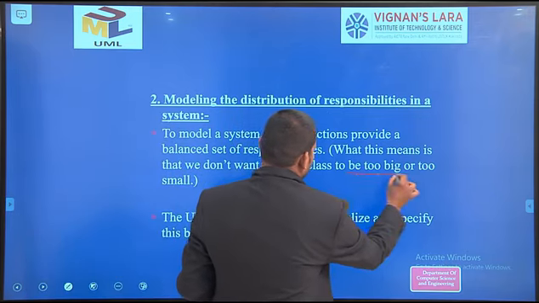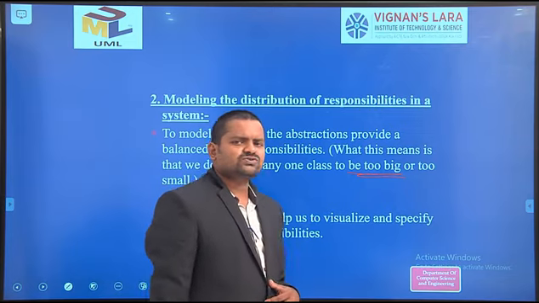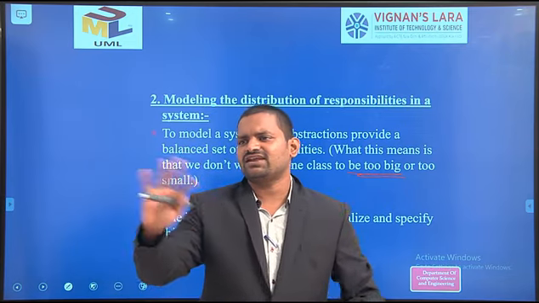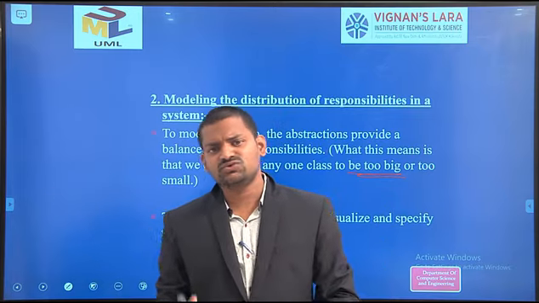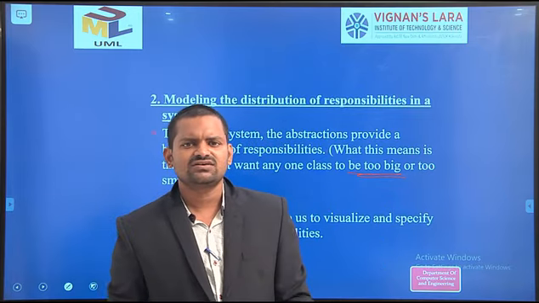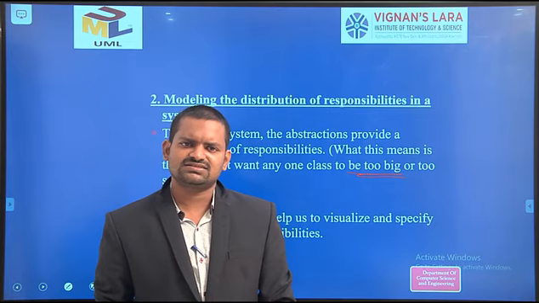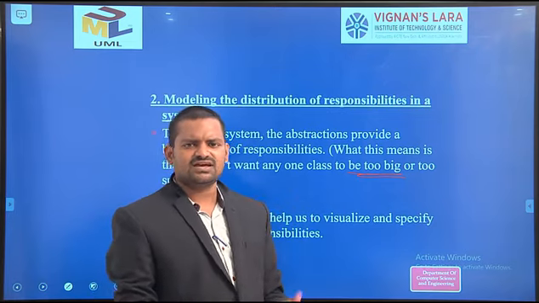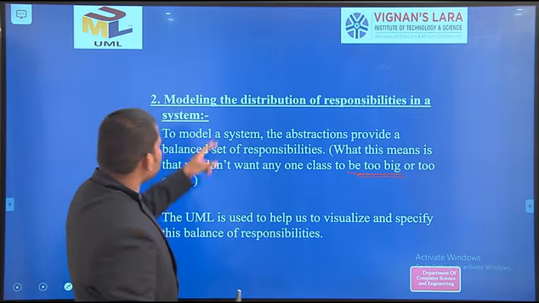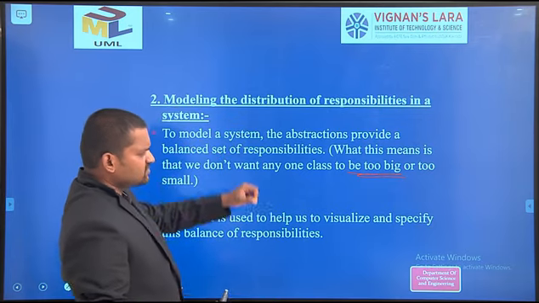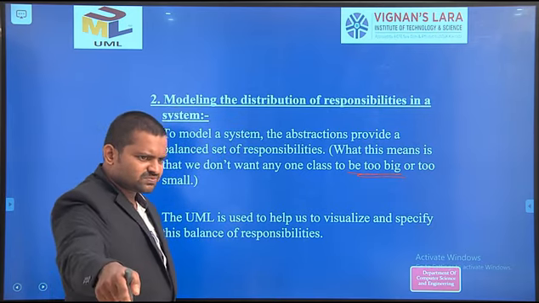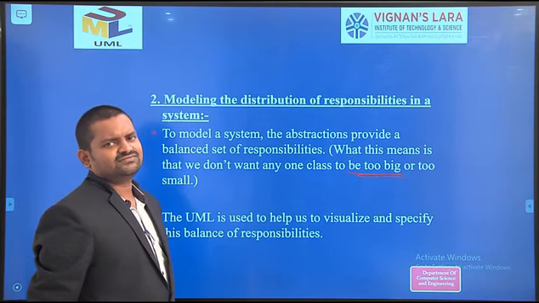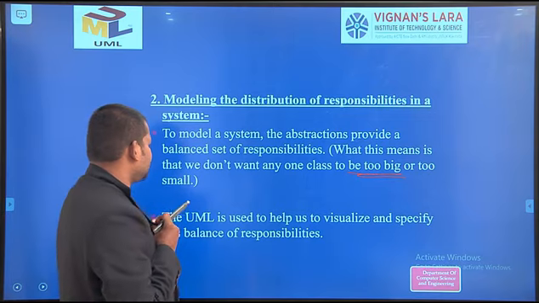Suppose one class has 7, 9 or 10 responsibilities, you may divide that class into 2 or 3 classes as you like. With the distribution of responsibilities, more classes are included.